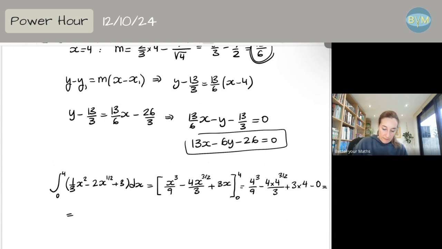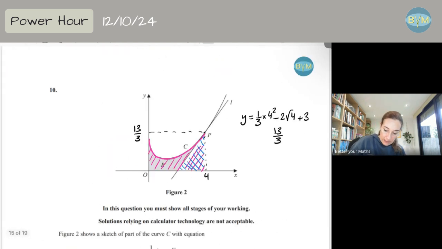I get 76/9. Just being careful. 76/9. That's the area, the pink area that I drew here.